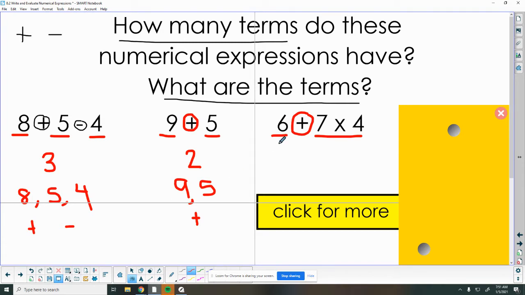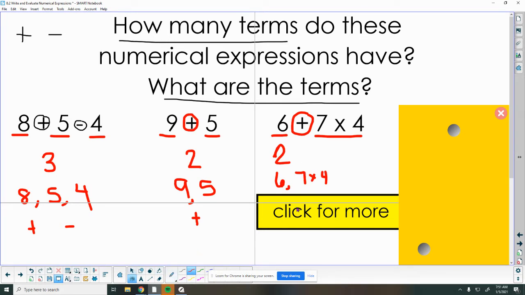So here I have 2 terms. This first term is a 6, and the second term is 7 times 4. These are not terms individually because they're not added or subtracted.